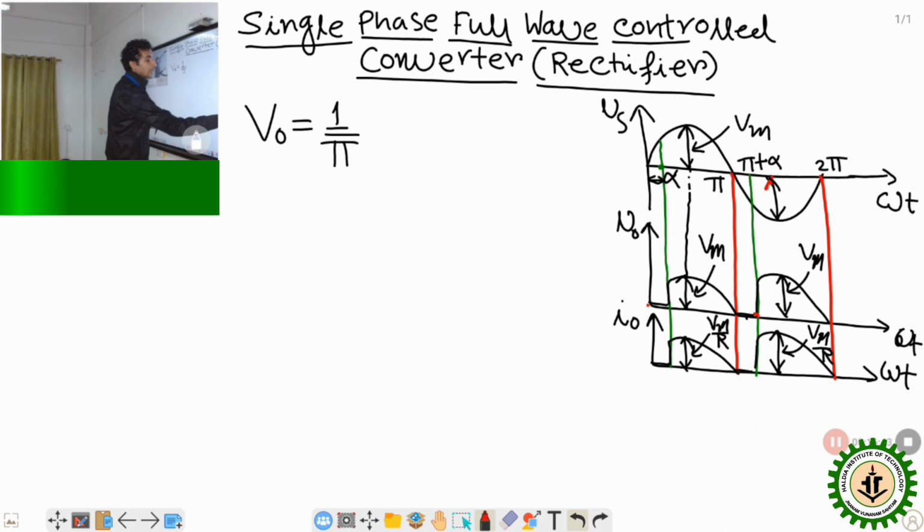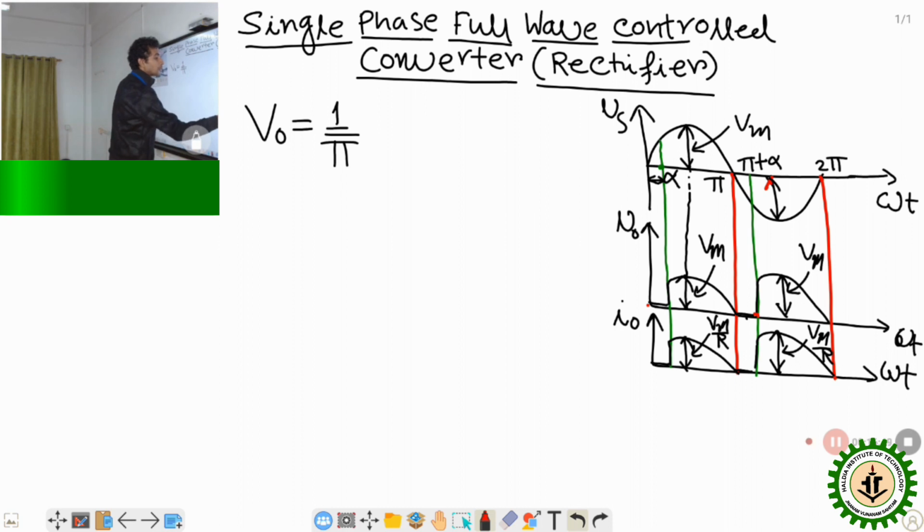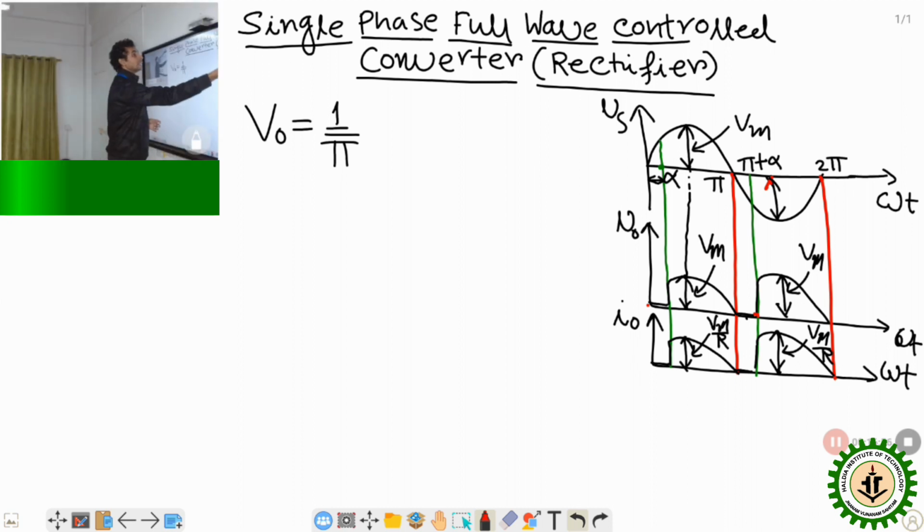So the total period is pi, after which the waveform is repeating itself. In this pi period, from 0 to alpha it is 0, and from alpha to pi the output voltage is following the supply voltage waveform. So I am not writing the 0 to alpha portion.